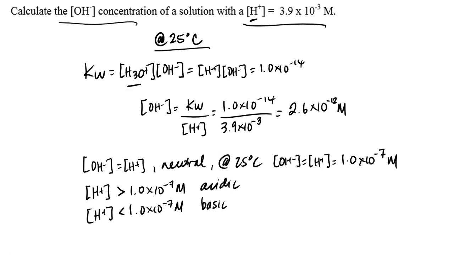Right? Correspondingly, the hydroxide ion concentration for an acidic solution should be less than 1.0 times 10 to the negative 7th molar. For a basic solution, however, the hydroxide ion concentration should be greater than 1.0 times 10 to the negative 7th molar.